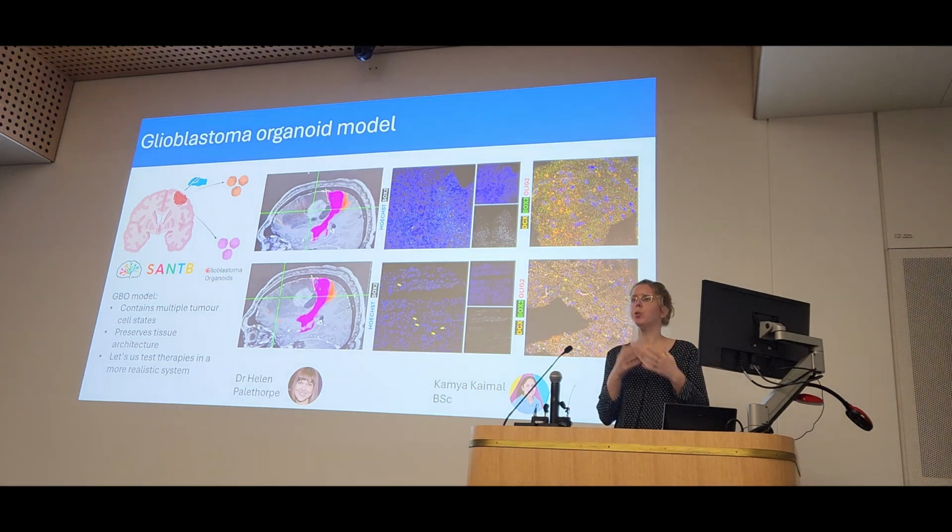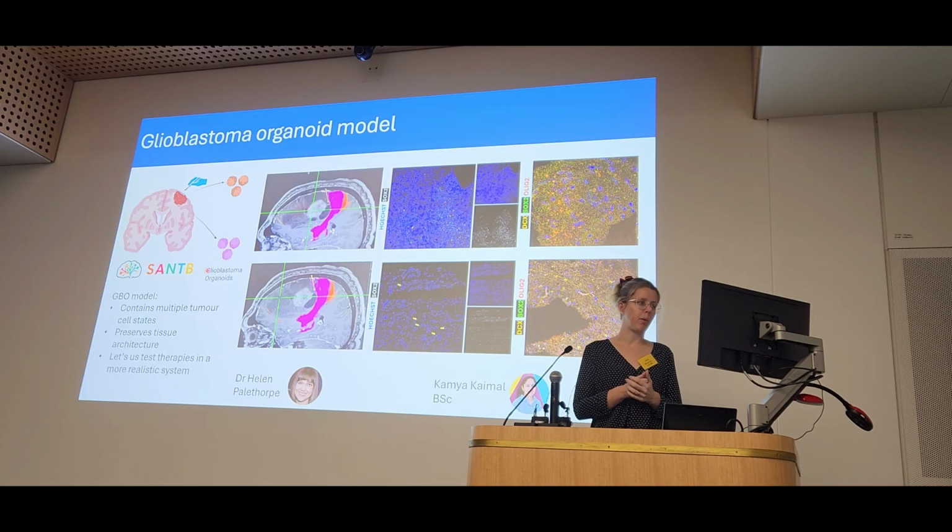So in order to study this, we're looking into two different models. For this first one, it is a lot thanks to the neurosurgeons at both the Royal Adelaide Hospital and Flinders Medical Center. And we work with a model called glioblastoma organoids, in which from the tumor, we take little pieces of tumor and grow them in a way that they have all those different cell types and still the architecture that is found in the tumor.